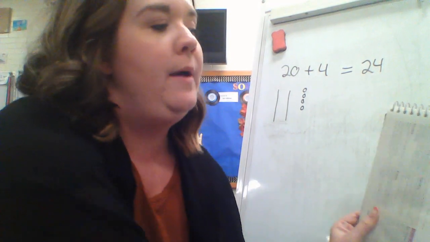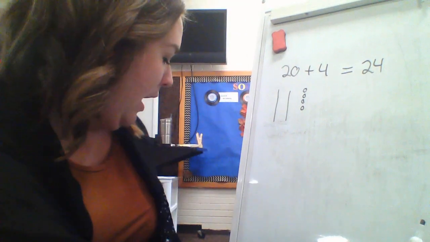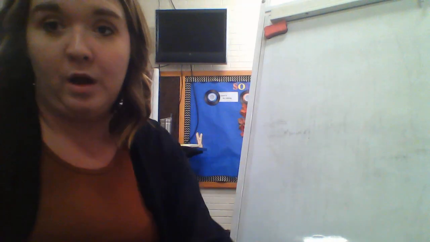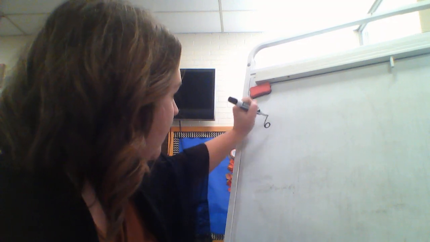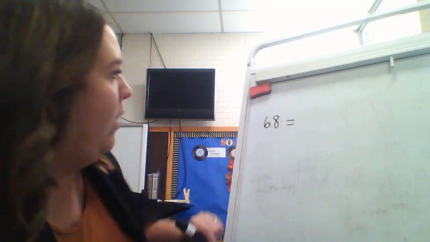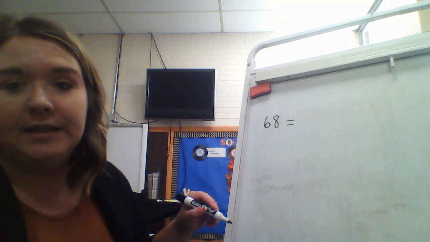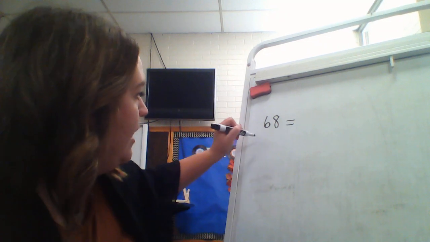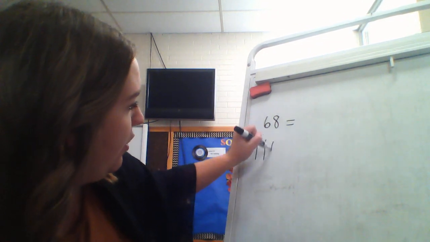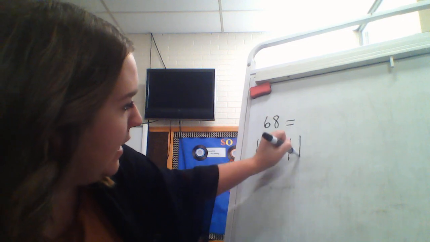Another way we could do that is we could write out that I want to know what 68 equals in tens plus ones, okay? So I want to know what 68 equals in tens plus ones. 68 equals what? So I need to count by tens until I get to 60. Okay, so 10, 20, 30, 40, 50, 60.